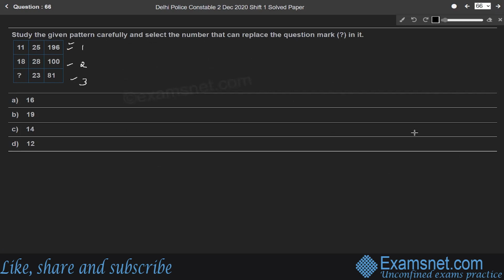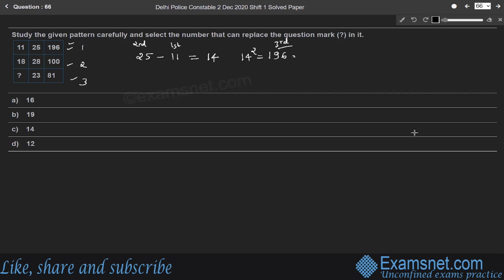So here the last number is 196, which is obtained when we subtract the first number from the second number, 14, and its square becomes the third number. Third number is obtained when we square the difference of second number and first number, right?